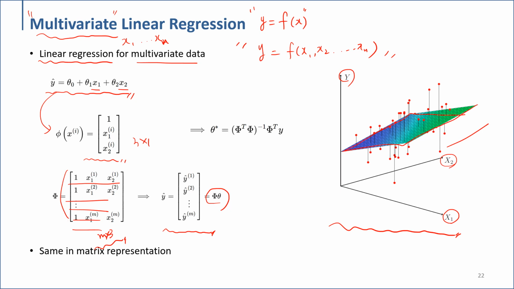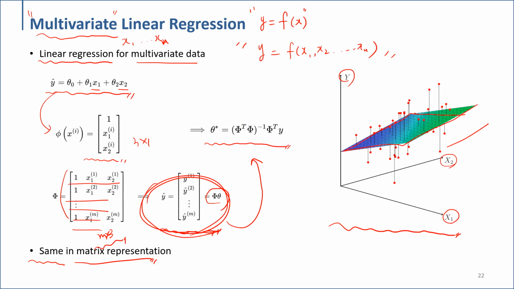As you can see, this matrix form is exactly the same as the matrix representation from the previous case. So the remaining steps to calculate theta are exactly the same as the previous case. Theta is nothing but phi transpose phi, inverse, times phi transpose times y.